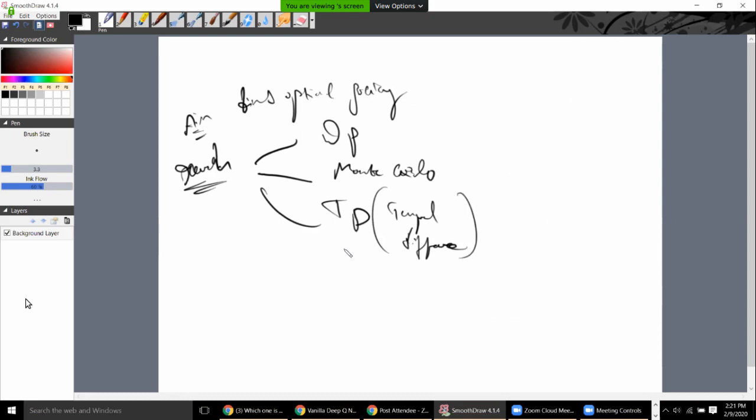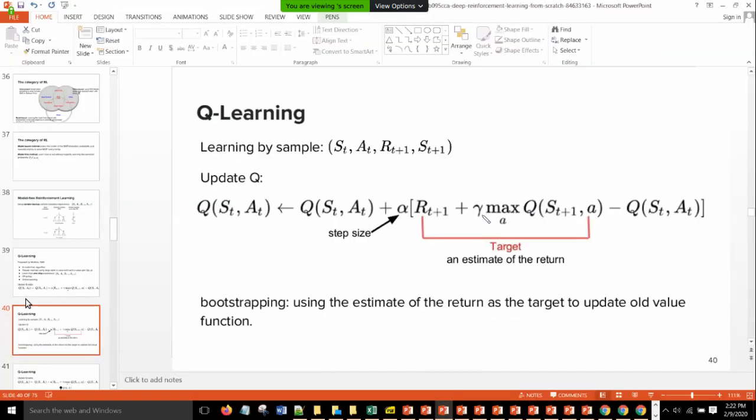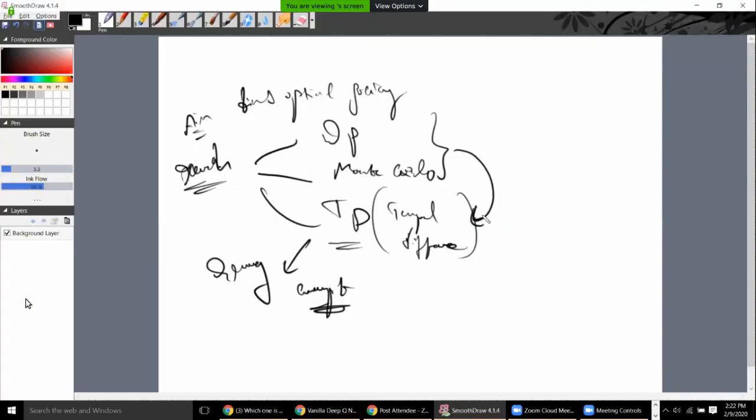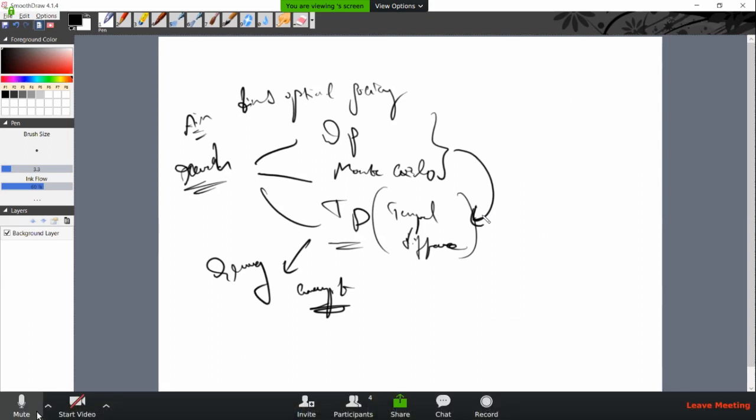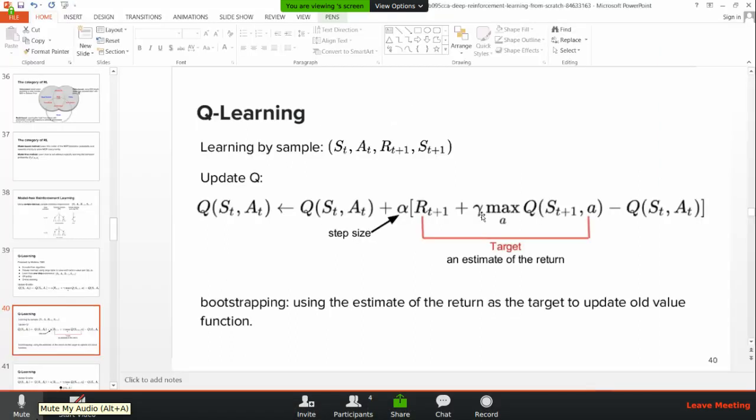So here in Q learning, we are using this TD concept, and it uses both of those. In the next class, we will discuss what dynamic programming and Monte Carlo are, and how TD is using both of that.